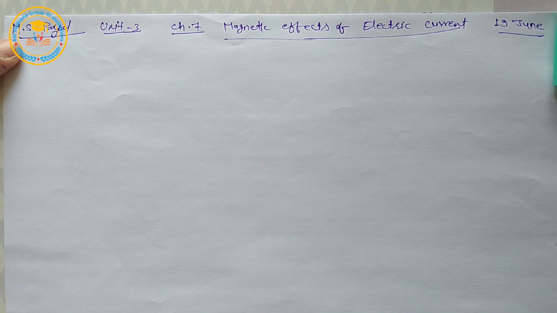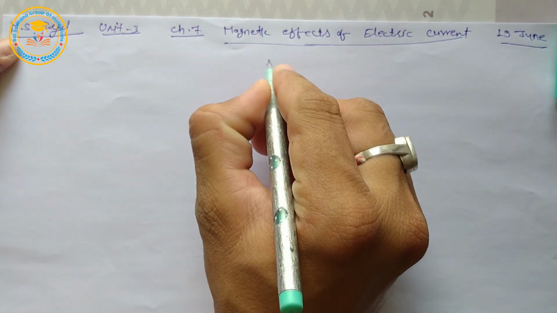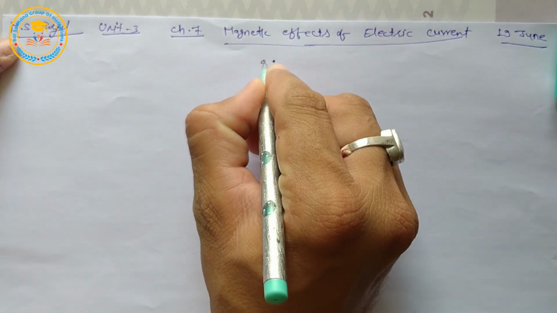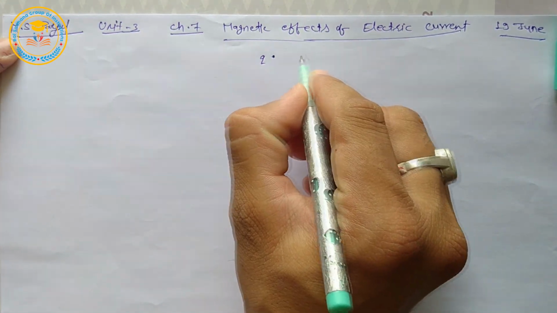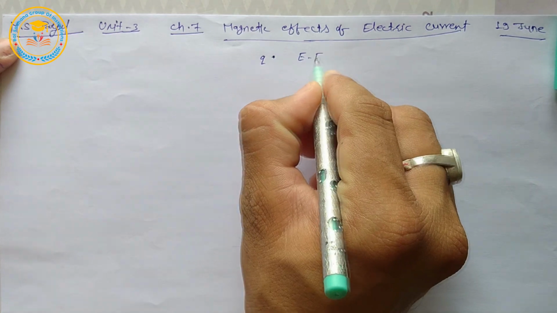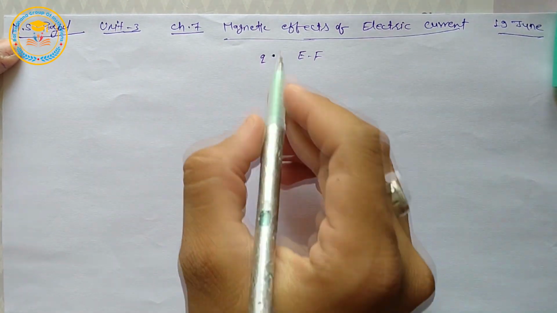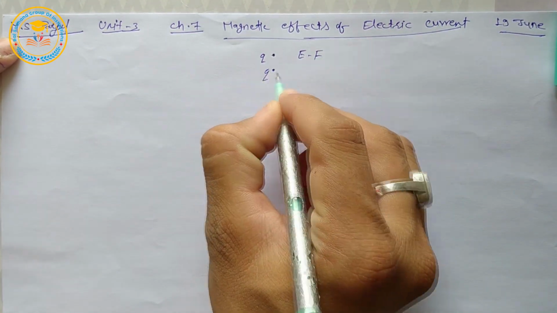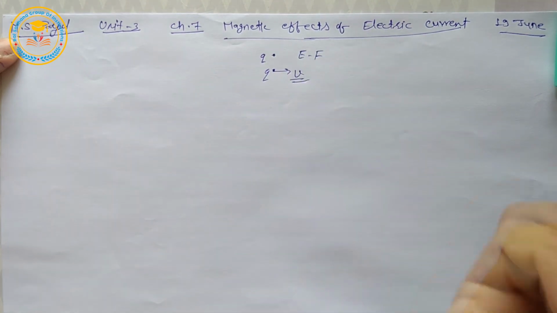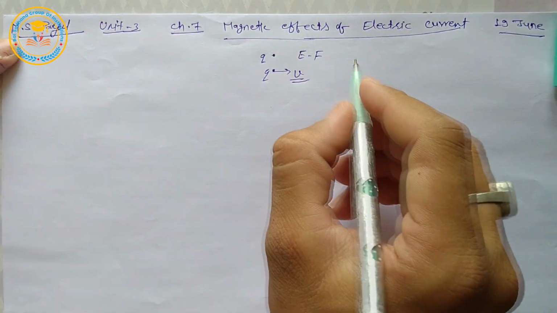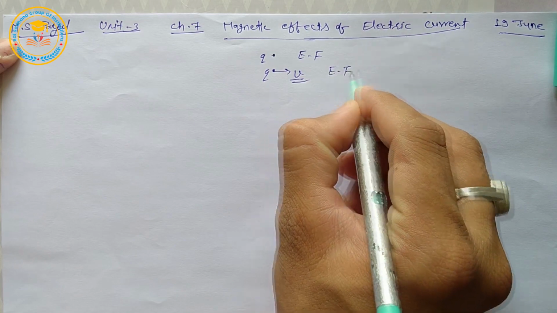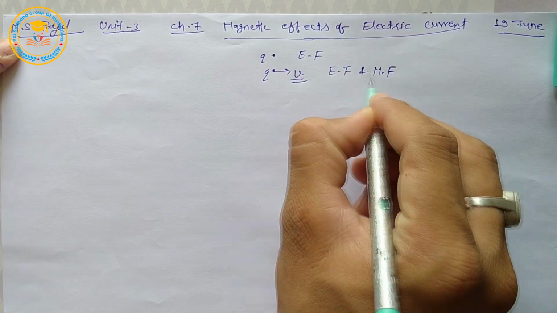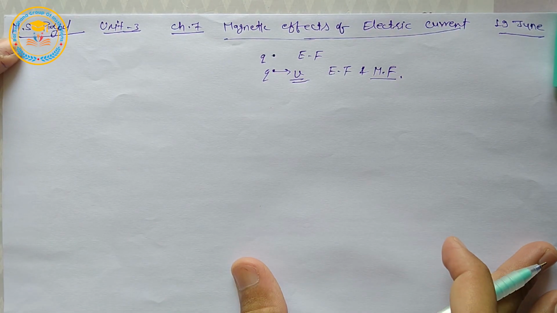In the first chapter we discussed that if we have a steady, constant charge, then this charge produces an electric field, and if this charge is moving with a constant velocity, then in this condition it produces an electric field and a magnetic field.